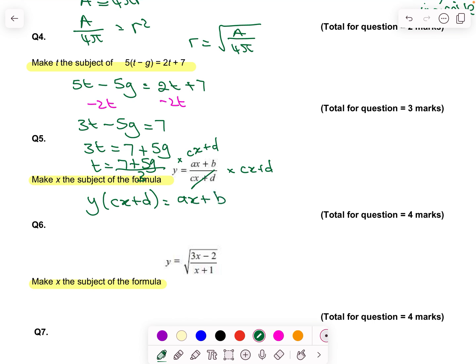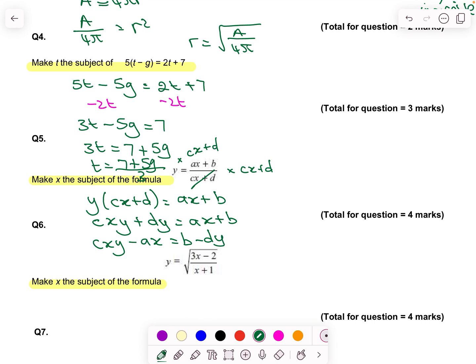Multiply out the brackets, I get cxy plus dy equals ax plus b. Put everything with x on one side and then the rest on the other side. So I am going to have here cxy, take away ax, equals b, take away dy.